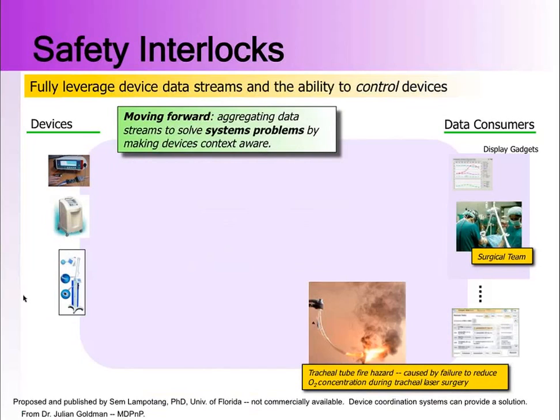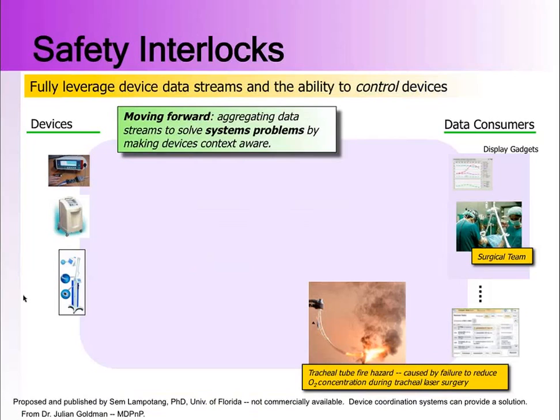So, you can keep on telling this story, and each time you tell a different verse or different chapter of the story, you can step out in terms of your functionality. So, for example, the next thing that you might want to do is to provide some sort of control of these devices to ensure greater safety.